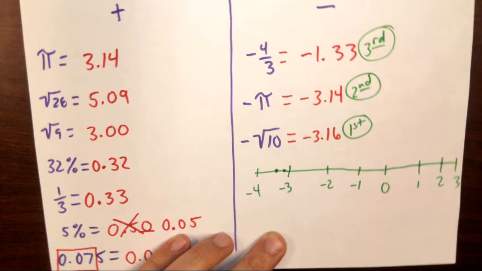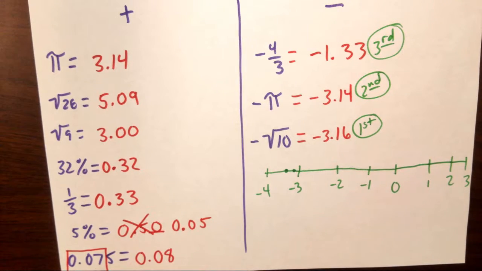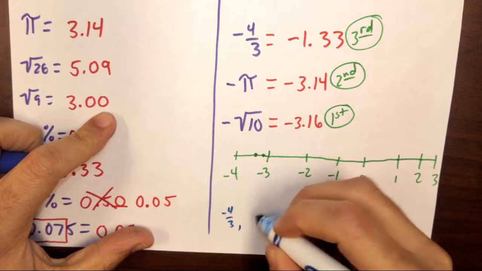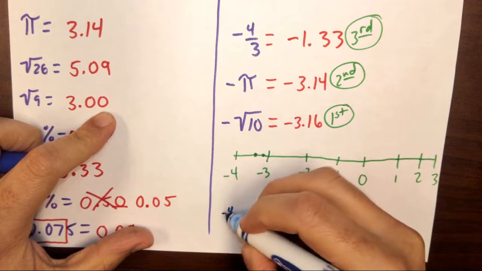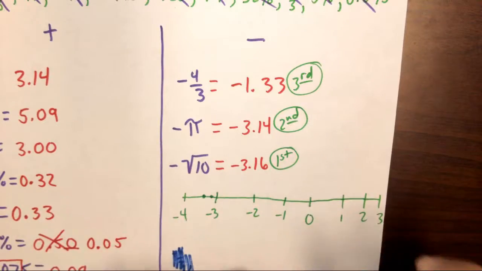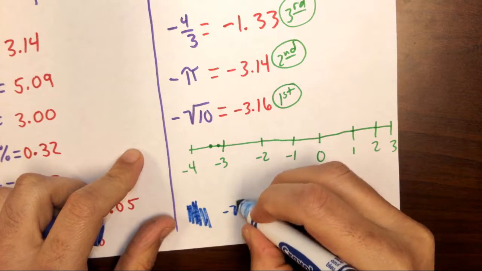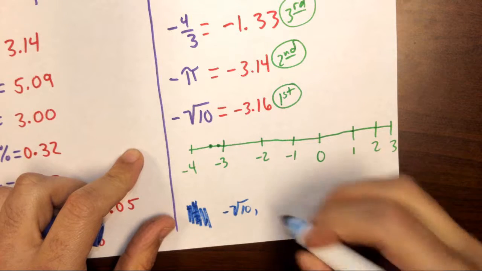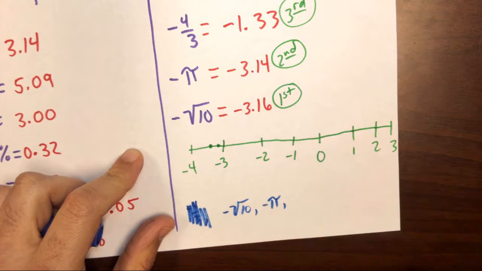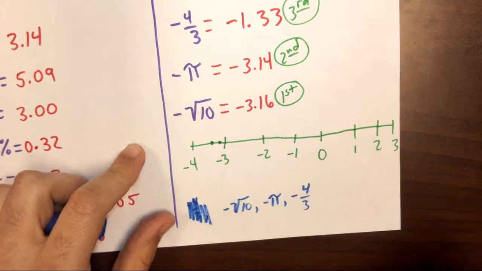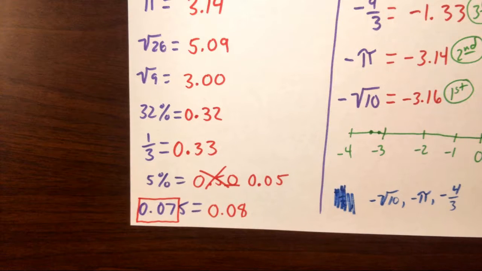Oops. Never mind that. Okay, so sorry, back to this. My smallest number is negative square root of 10. Then it's negative pi. Then we have negative 4/3.